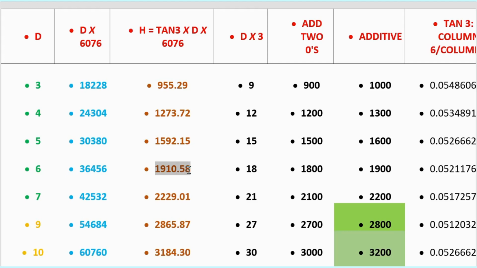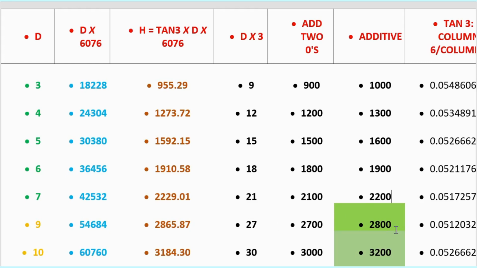Instead of using calculators, we can easily do a little bit of mental maths. So you can see all these are coming to a reasonable degree of approximation. They may not be exactly the same, but they do give you a clearer picture of what you want. I've highlighted these here because these ones to the nearest 100 were giving us a bit more than what I was expecting, because here is 2800, 2900.